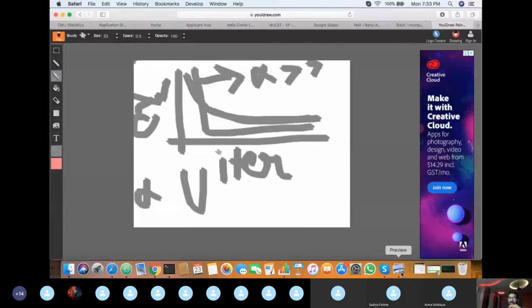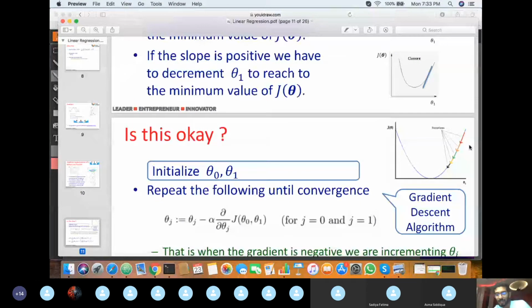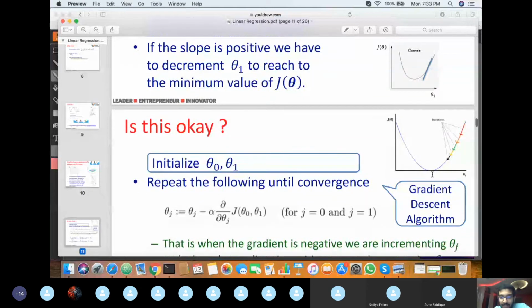Coming back to the slide, as I said, if you guys notice, we might start off at a very high error rate and we constantly keep coming down. We might bounce back here and there, to the other side of the graph as well. But finally, there might be a point where we come to this particular point, and over there, we know that it's our global minima.